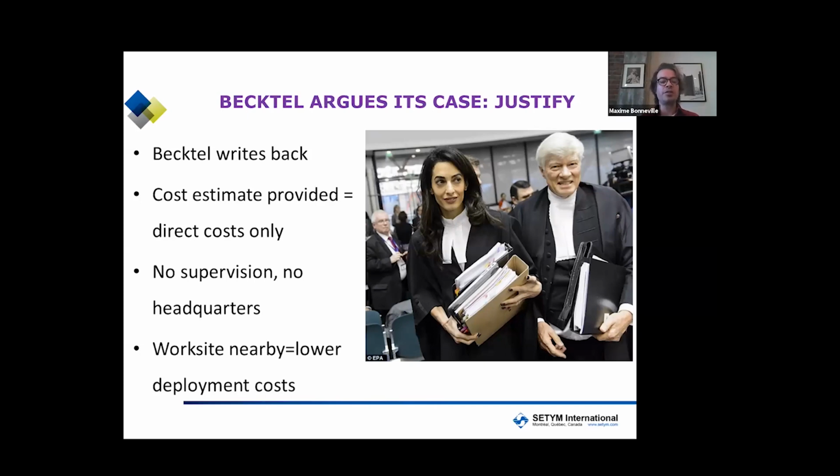Another justification that they provide is they say, we have an existing active work site nearby, so our deployment cost would be lower because we already have machinery, materials, and even supervision teams in the surrounding area, so we will have lower deployment costs than other firms. So they write back to you, in other words, arguing their case. They're lawyers, they're barristers.